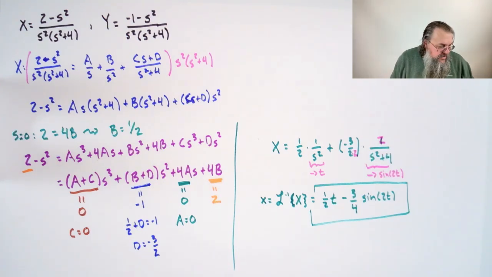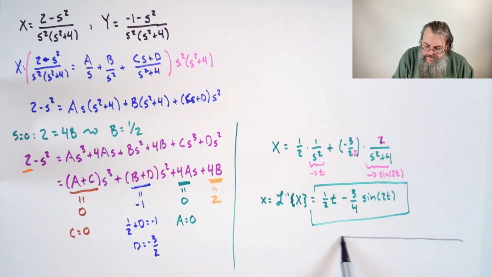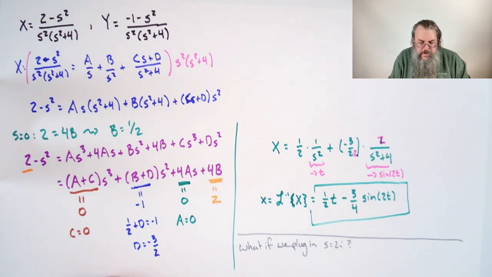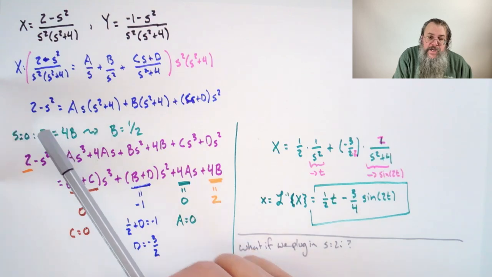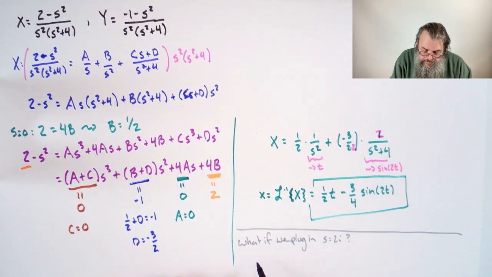But in the meantime, let's go back and come back to here. What would have happened if we plugged in? In this case, you would say s equals 2i. Okay, so remember, s squared, 4i squared, would be a -4. So it'd be 2 minus -4 would be 6.